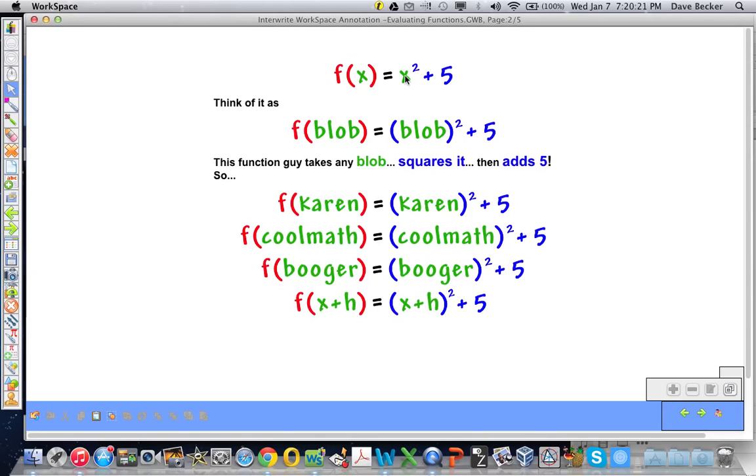So this x right here, gone, and totally replaced with the x plus h. So the x goes away, and then it becomes x plus h, the quantity squared. The squared doesn't go away, just the x does. And then, of course, don't forget the plus 5.